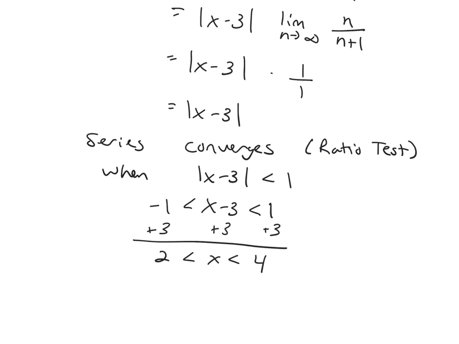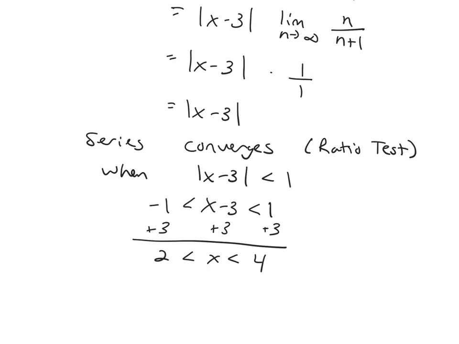So if x is any number between 2 and 4, I know the series converges for those values. And I said 3, our series was centered at 3. 3 is included. It's between 2 and 4.